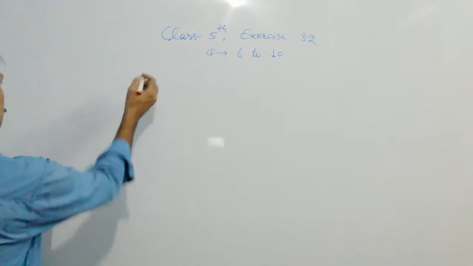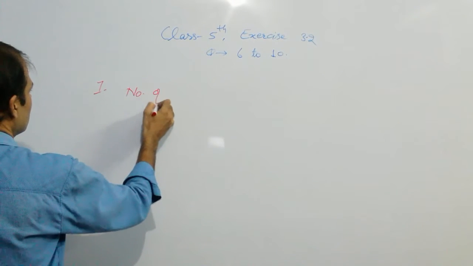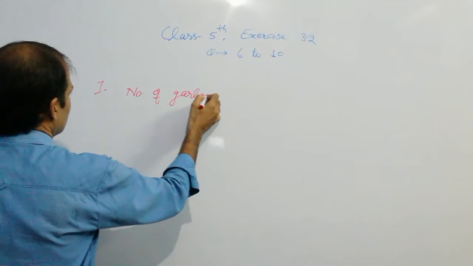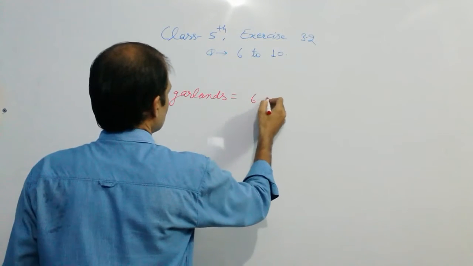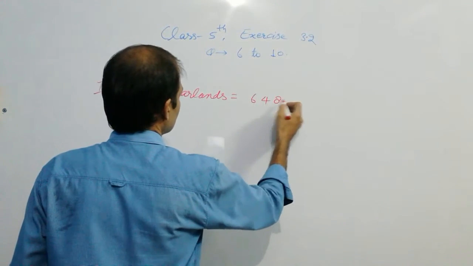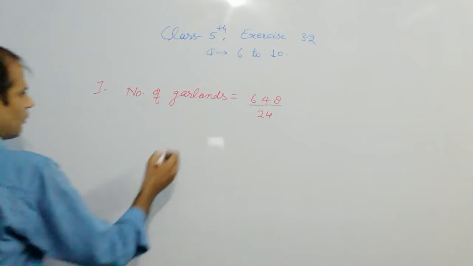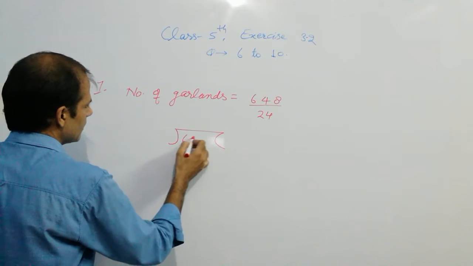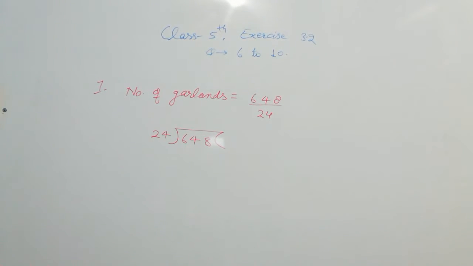So for question number 7 we have to write number of garlands equals 648 divided by 24. So perform the division. 648 divided by 24.